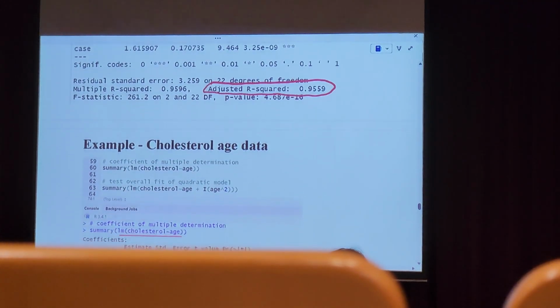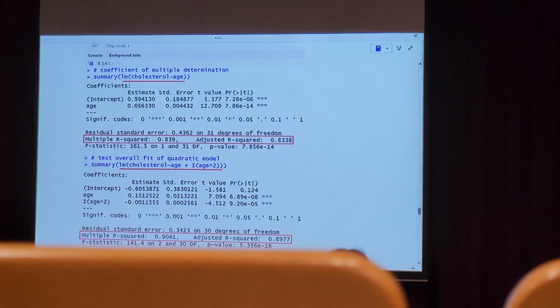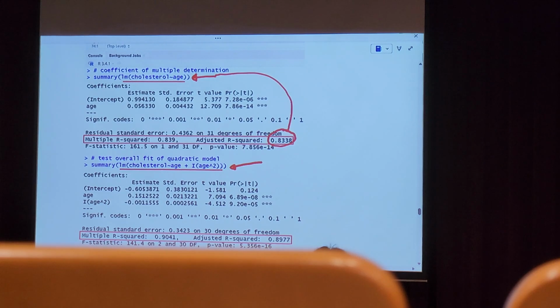And for the cholesterol data, let's take a look. Here, I have a straight line model, and here, I have a quadratic model. For the straight line model, the R squared is this.